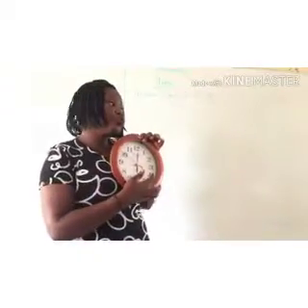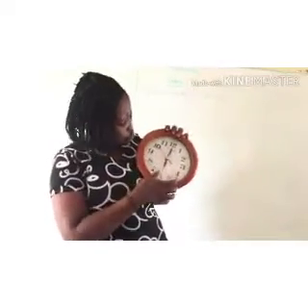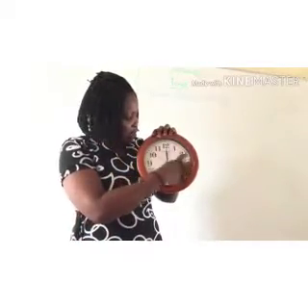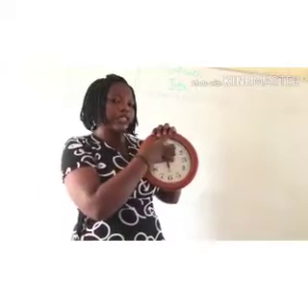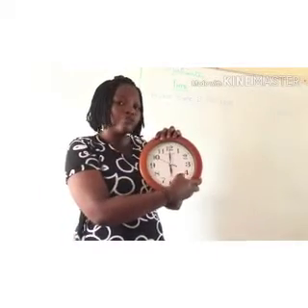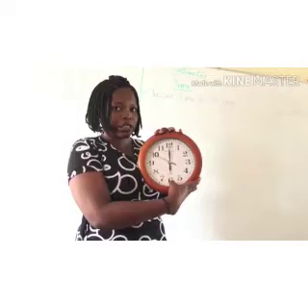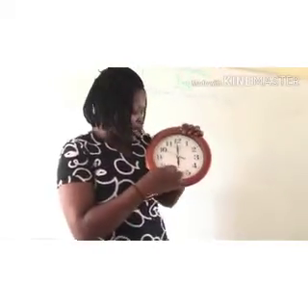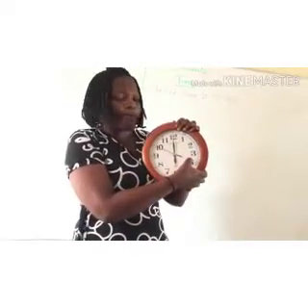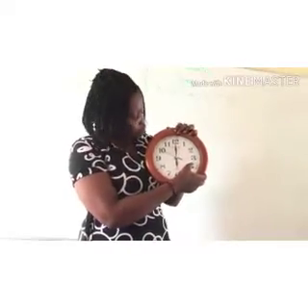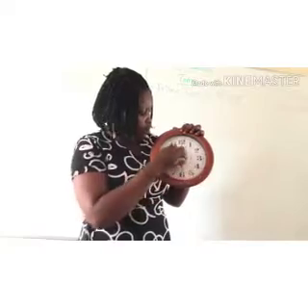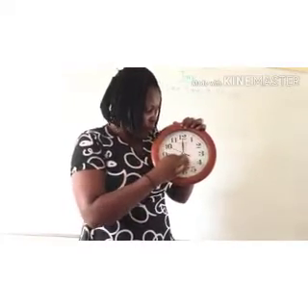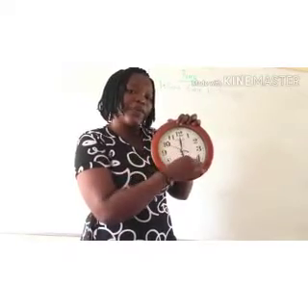The hour hand moves according to the minute hand. When the minute hand rotates the clock completely, the hour hand moves once. That's from a particular number to another number. Like you can see, my hour hand was at 4. When the minute hand rotates once, making 1 revolution, my hour hand will be at 5.